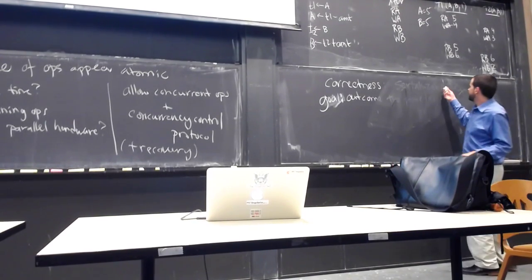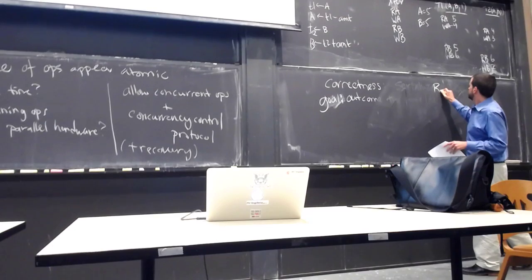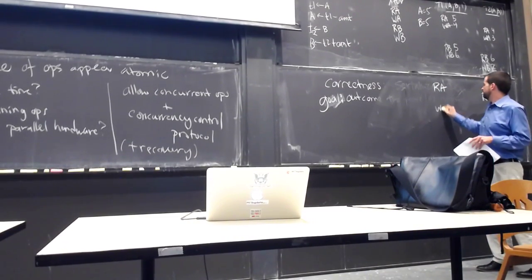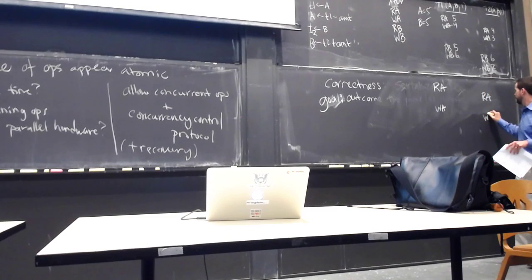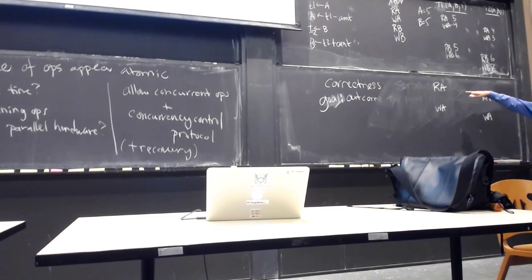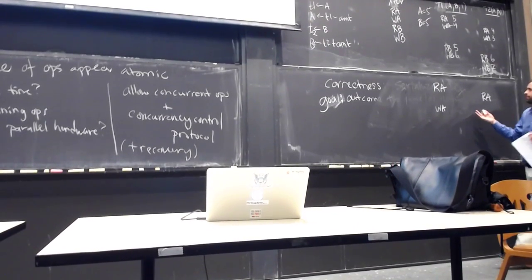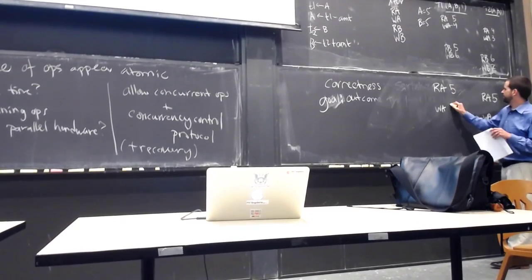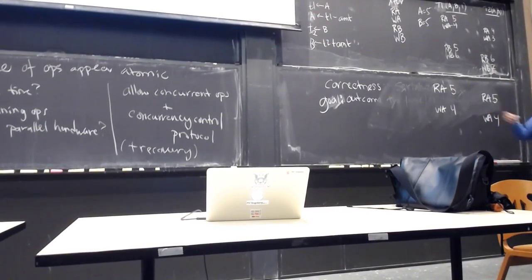A not serializable example would be something like T1 does read of A, T2 does read of A, T1 does write of A, and then T2 does write of A. And you can immediately see what's going to happen here, right? These guys both read before either of them has written, and so we're going to end up clobbering one of the writes. So here this guy's going to read 5, this guy will also read 5, and then we'll write 4 and 4, and so the end state that we have is not serial equivalent.